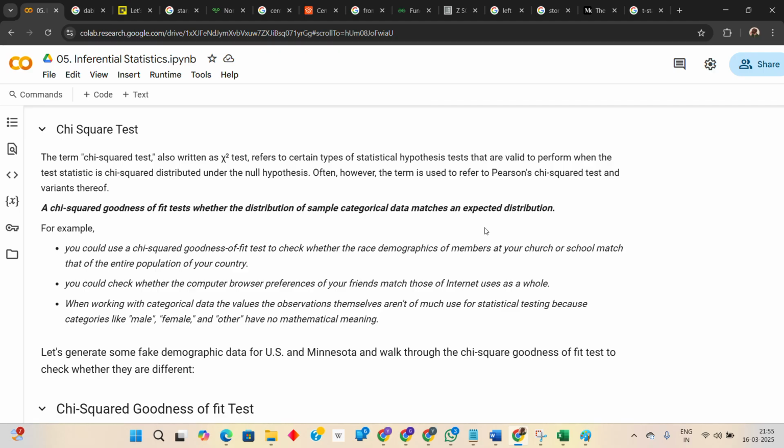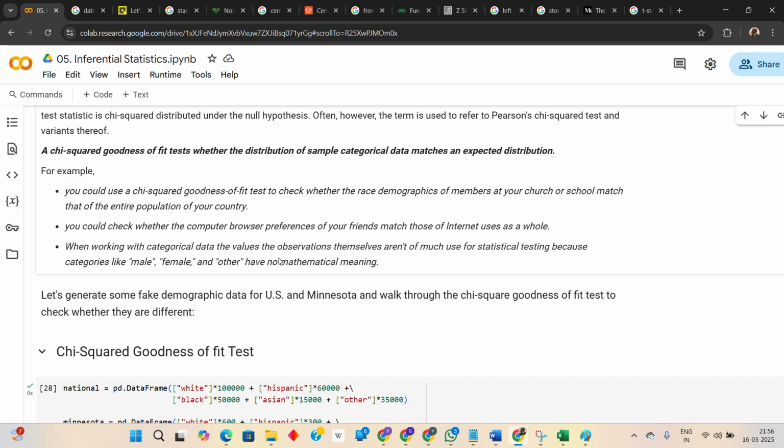Chi-square is actually written as this chi. This is a Roman symbol, squared. Chi-square refers to certain types of statistical hypothesis tests that are valid to perform when the test statistic is chi-square distributed under the null hypothesis. It is referred to as Pearson's chi-square.